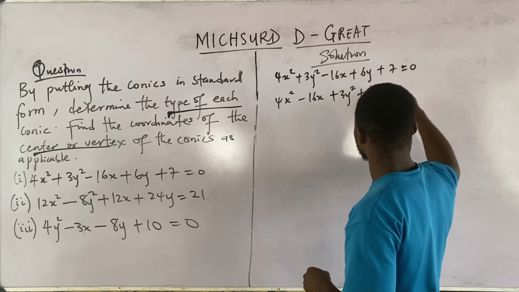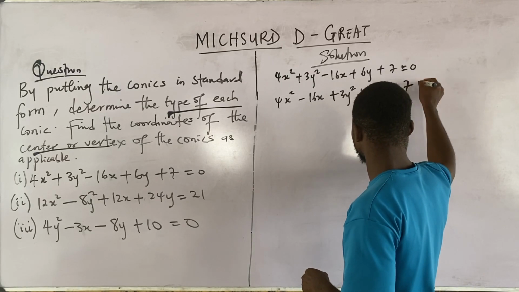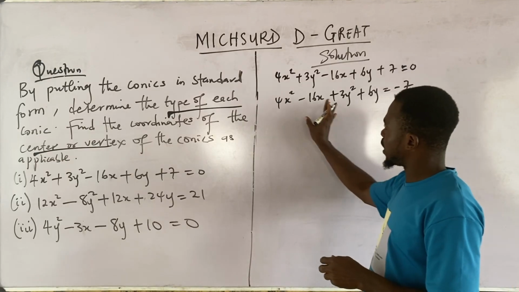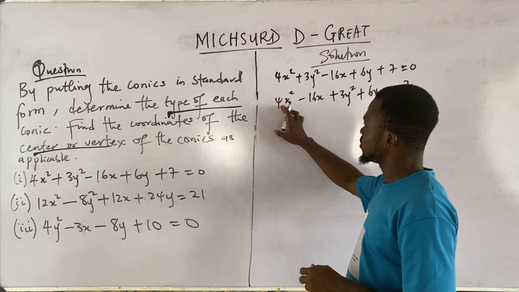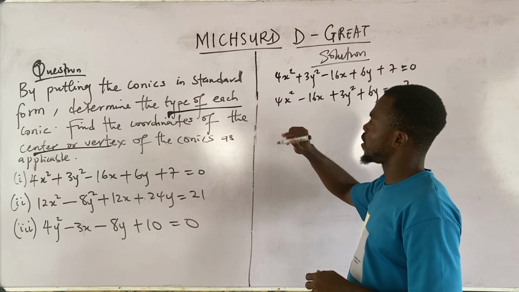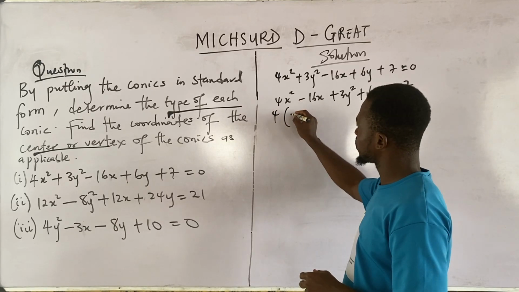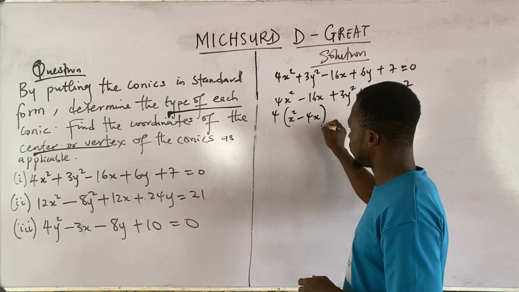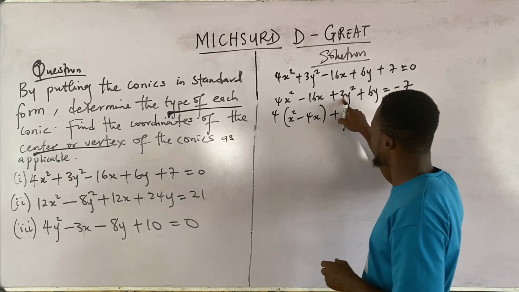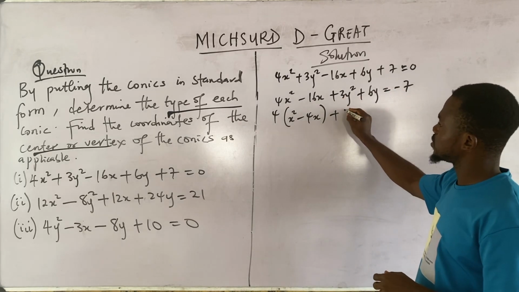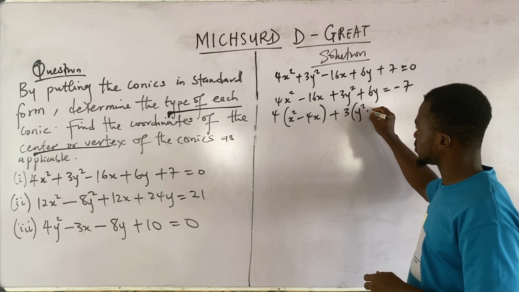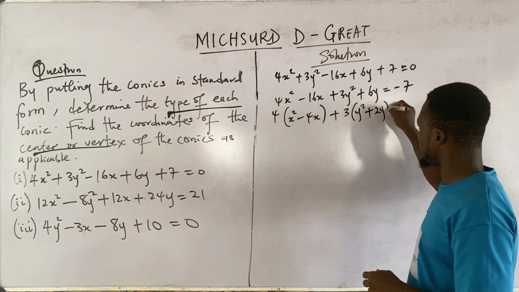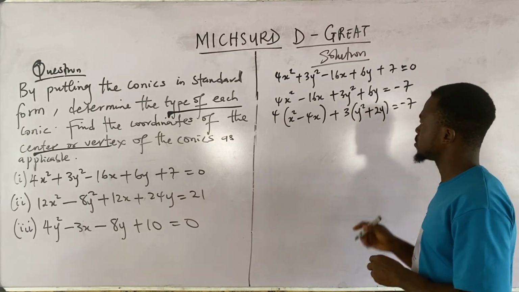I want to move the 7 over to the other side, and it becomes minus 7. For the x part, we can factor out the 4, so we have 4 times x squared minus 4x. And for the y part we factor out the coefficient 3, so we have y squared plus 2y, equal to minus 7.